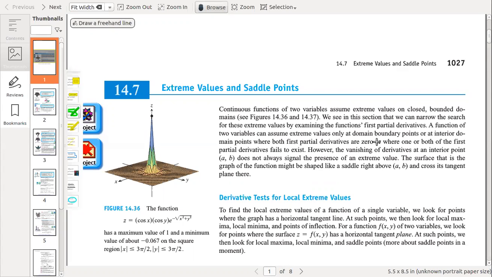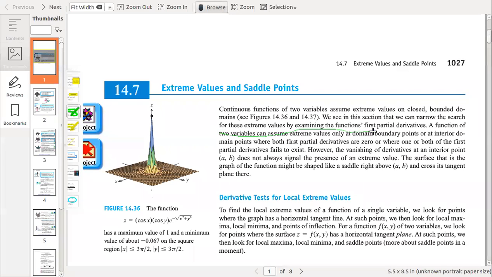So just one thing we can conclude from this paragraph: a function of two variables can assume extreme values only at domain boundary points or at interior domain points.